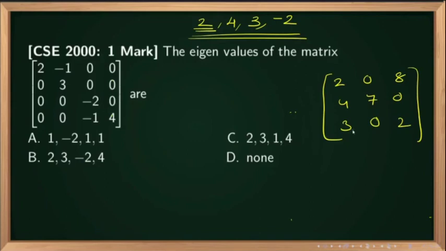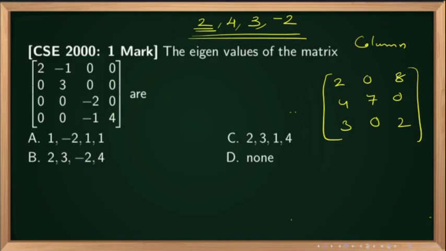Yeah, 7. It is 7. This is simply what we learned in the first 5 minutes of this class. It is 7 because you have one particular column, remember the term column, with only one non-zero value, and that value is on the diagonal of the matrix. Then that particular value will be an eigenvalue.